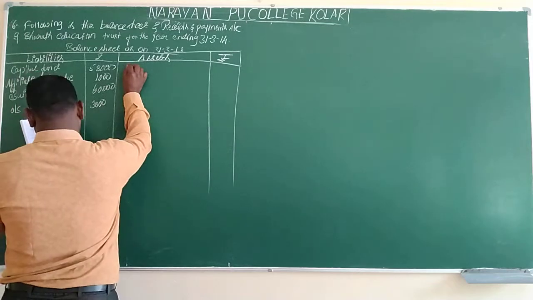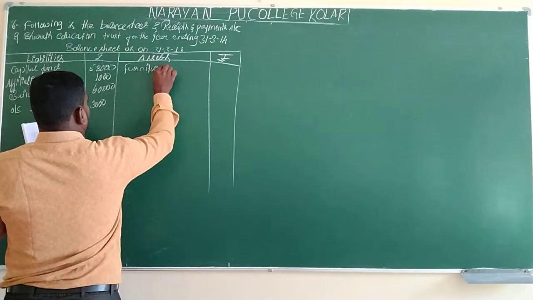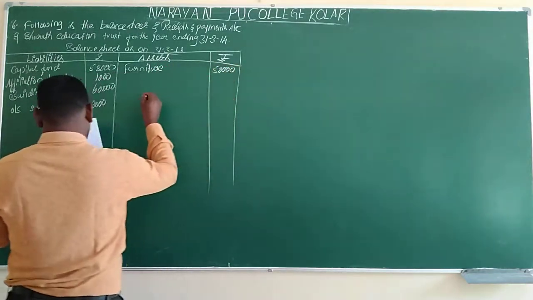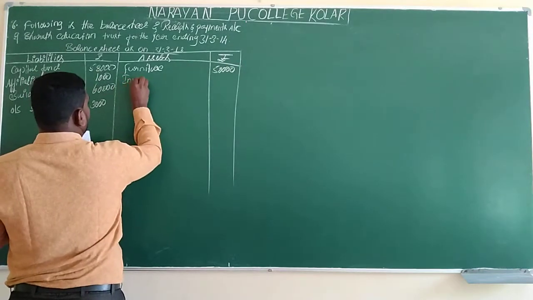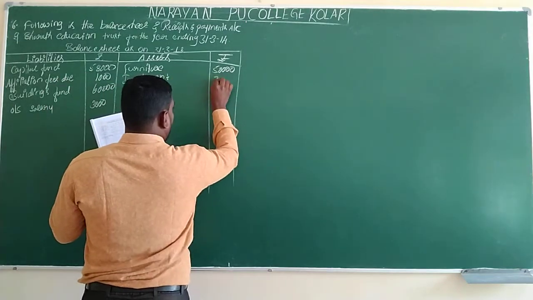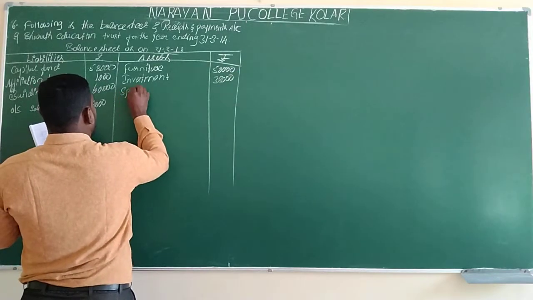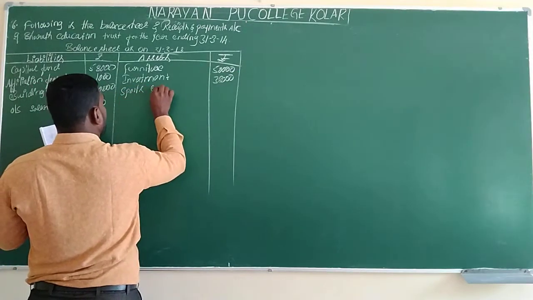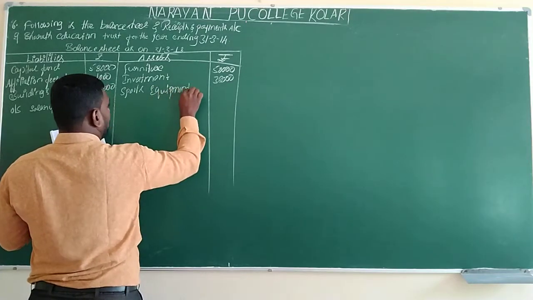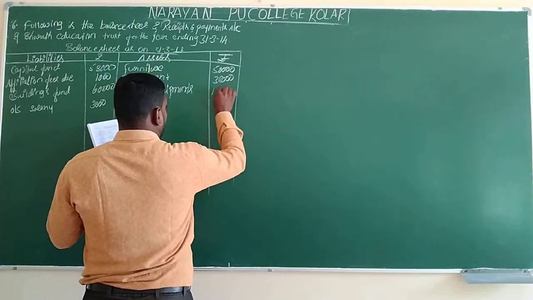Let's come to the asset side. Furniture 50,000. Investment 38,000. Sports equipments 14,000.